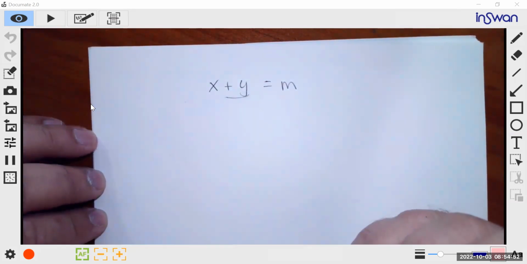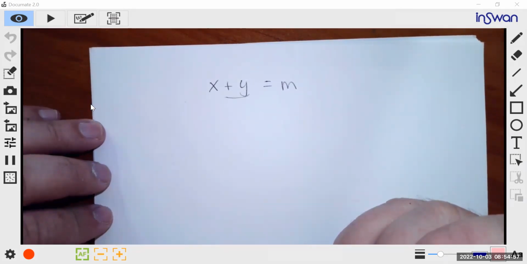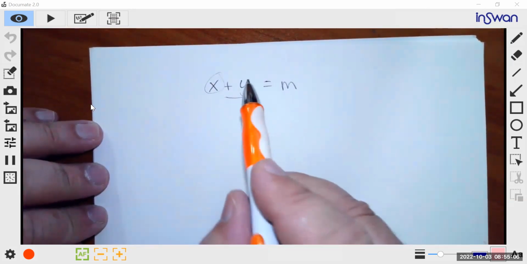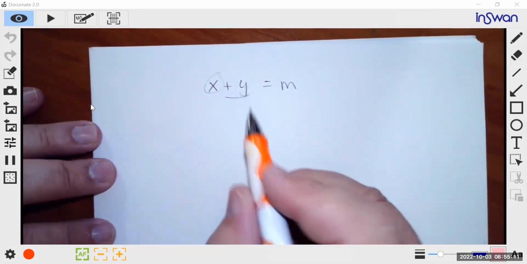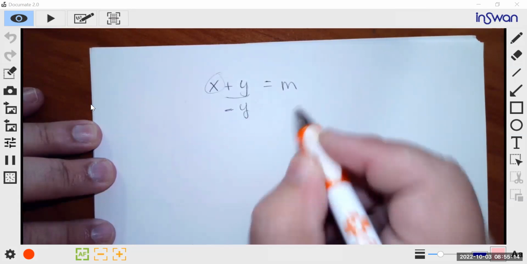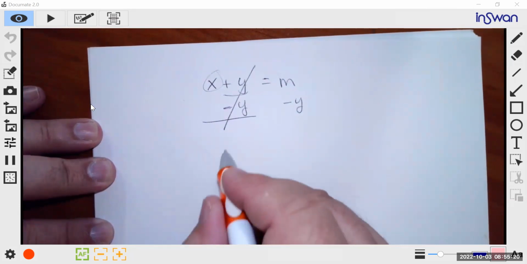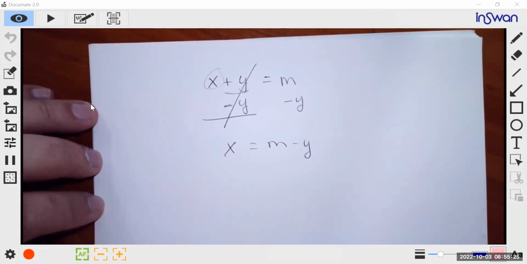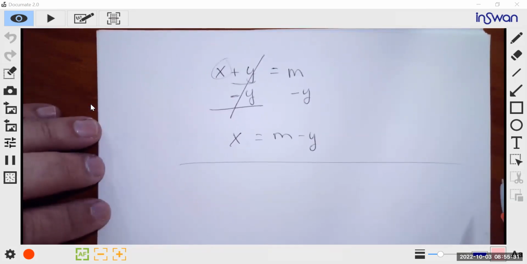How do we get rid of the y? I want to get x by itself. How do I get rid of the y? How is y connected to x? It's adding. What's opposite of adding? Subtracting. Subtract what? The y. Do it to both sides. So the y's are opposites, they cancel. And minus y. So it works no matter what you have.